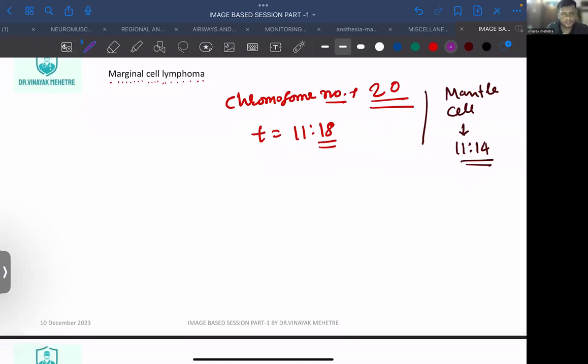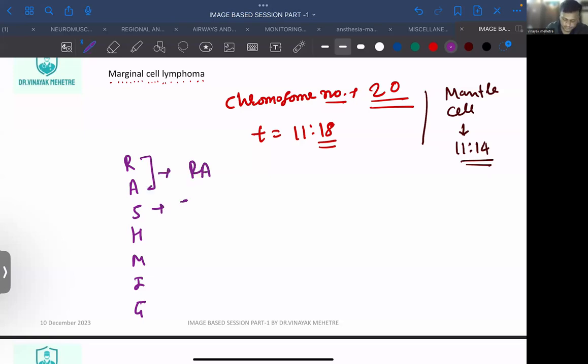When I was studying, there was one colleague, and on that I have made the mnemonic. She was senior to us in age, so we used to give respect. RA stands for rheumatoid arthritis.